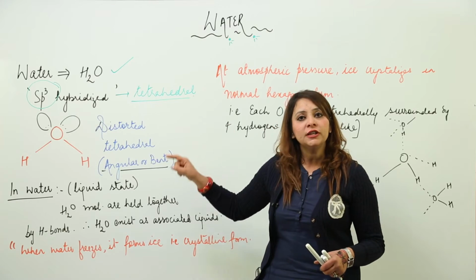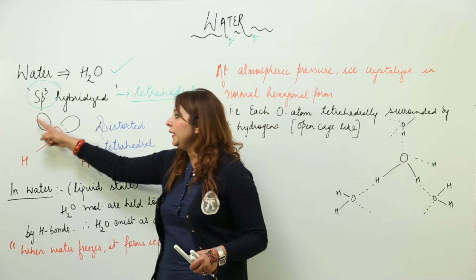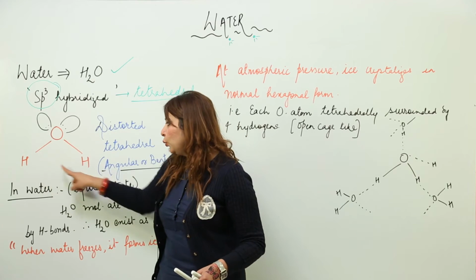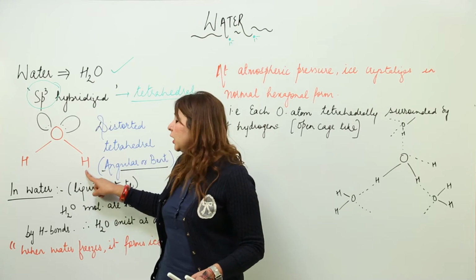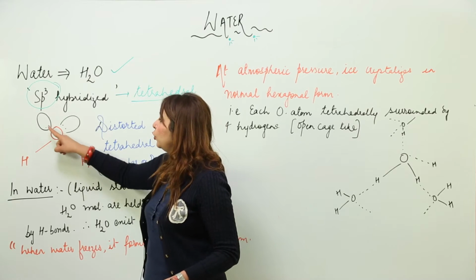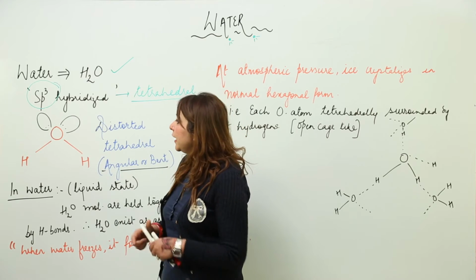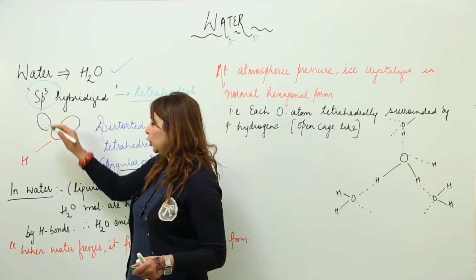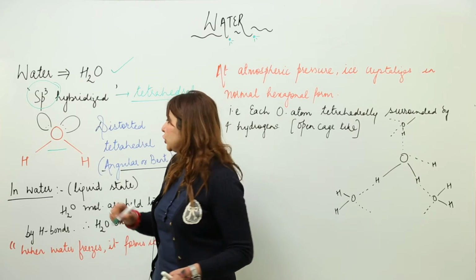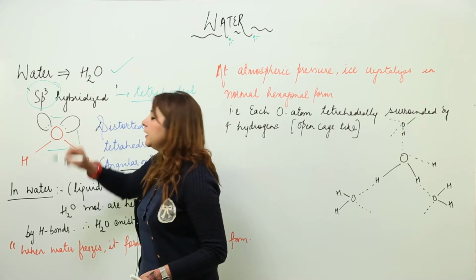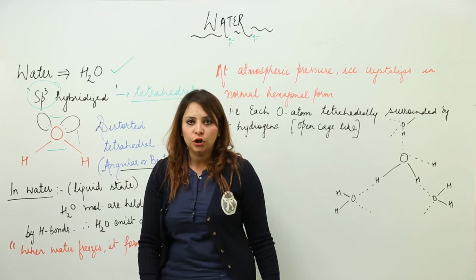So when we look at the structure of water, it comes out like this, right? As you can see, there is one oxygen and two hydrogens held by covalent bonds, and also you can see that two bond pairs here are replaced by lone pairs. So there is a repulsion between bond pair and bond pair, between bond pair and lone pair, and between lone pair and lone pair.